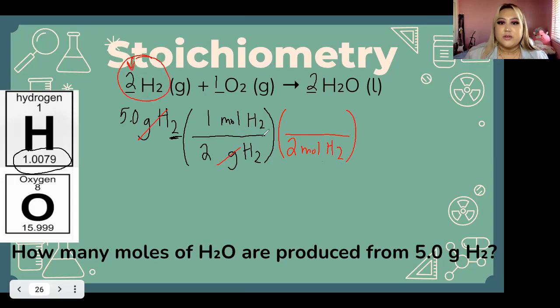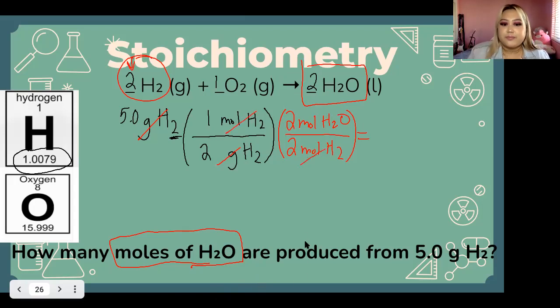There's 2 moles. And then we're interested in moles of H2O. So we're going to have to look at the equation here, right? So 2 moles H2O, which is luckily, not 0, 1, sorry, 1, right? So this cancels out.